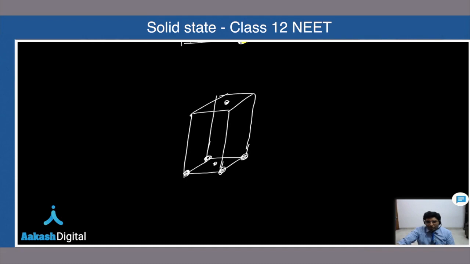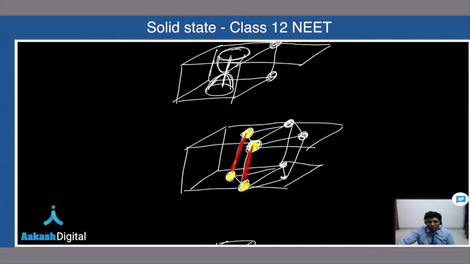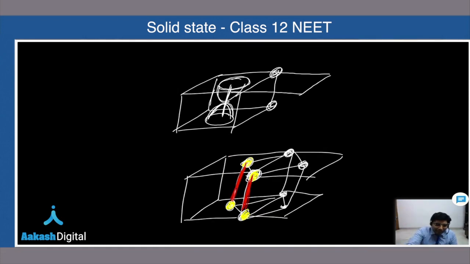Listen carefully. This is the distance A. Or you can say that this is A, this is also A. They will touch each other. Atoms are equal. The atoms are equal, right? Why A root 2?